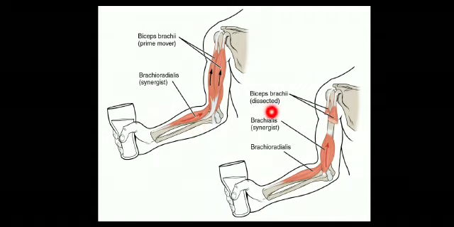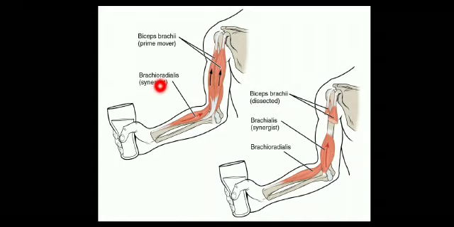Okay, here in this diagram you can see that the biceps brachii is dissected, and this is brachialis and this is brachioradialis. So brachialis also acts as a synergist. Okay, I can simplify this: in the flexion of the elbow joint, the brachioradialis and brachialis act as synergists, while the biceps brachii acts as the prime mover.